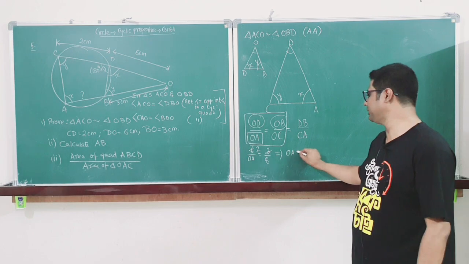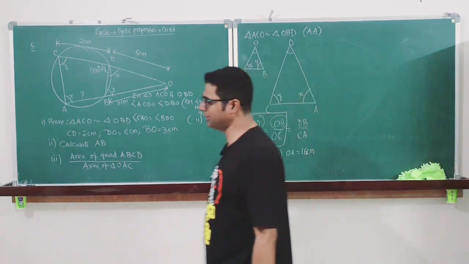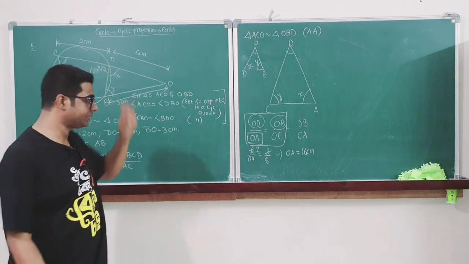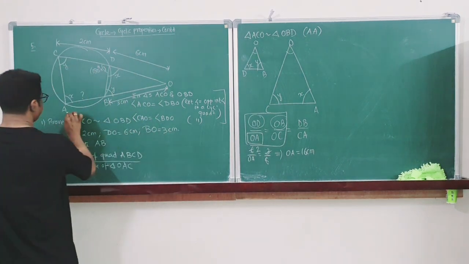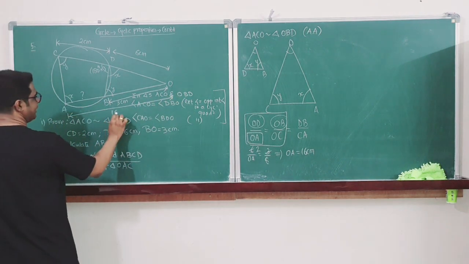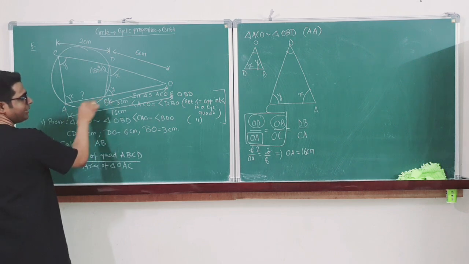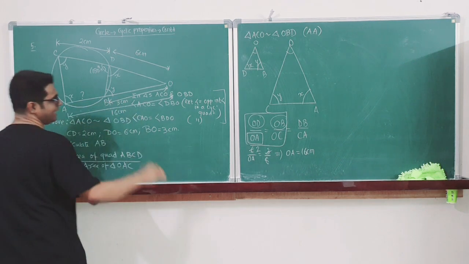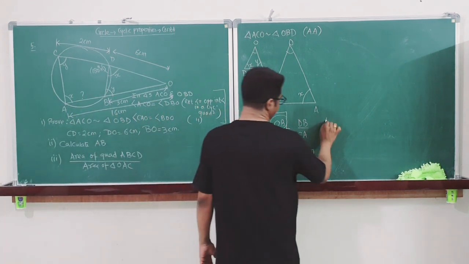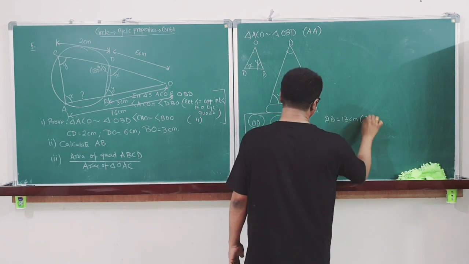OA will come out to be 16 centimeter. Then I have to calculate AB. Can I calculate AB? AB is 16 minus 3. Correct. AB is 13 centimeter. So another answer is done.